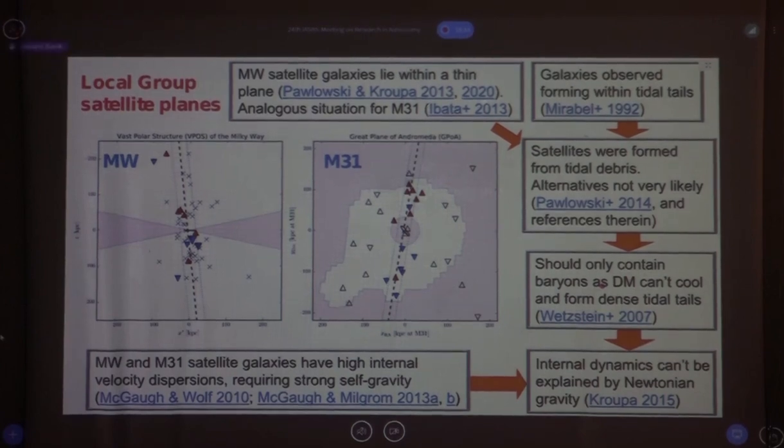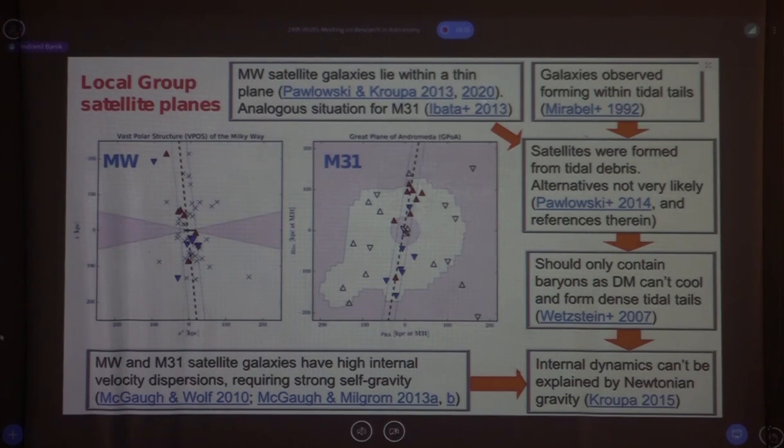So you can have tidal dwarfs, but they would be purely baryonic. That would mean the satellite galaxies could be in a plane, but then they would have very low internal velocity dispersions, which is not correct observationally. They have high internal velocity dispersions.